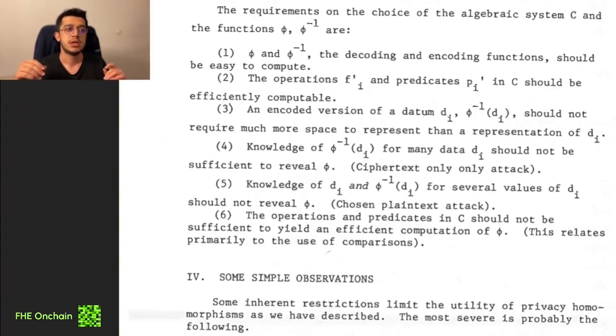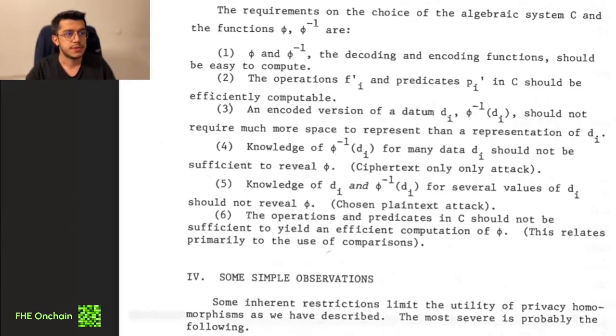But once you have, let's say, more than a threshold number of ciphertexts encrypted under the same encryption scheme, you might have some chances of extracting some information regarding the key or encryption scheme. There are some examples of it. So our scheme has to be resistant to those kinds of attacks.